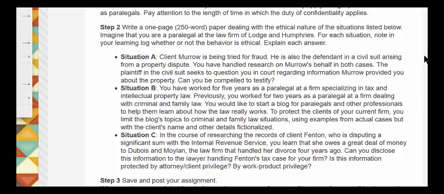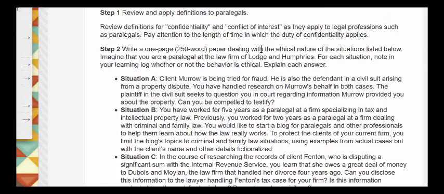Let's put it this way. When you are faced with this, and I won't take too long because some of you may not have raised many questions, but you're a paralegal, you're working for a law firm. The assignment has given you two ethical concepts, confidentiality and conflict of interest.